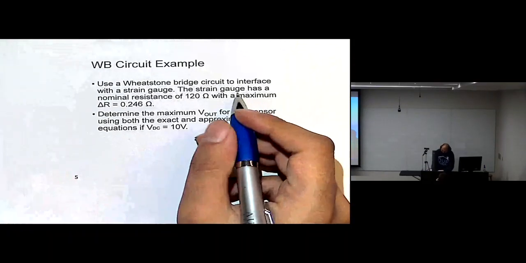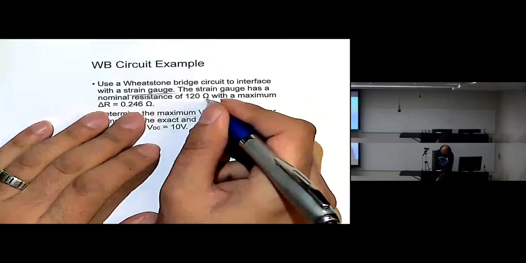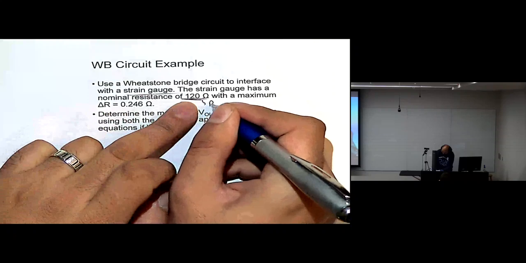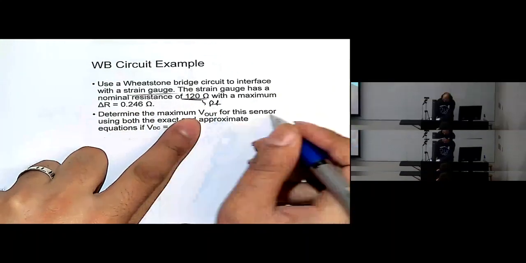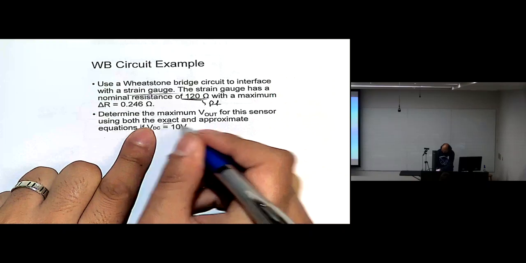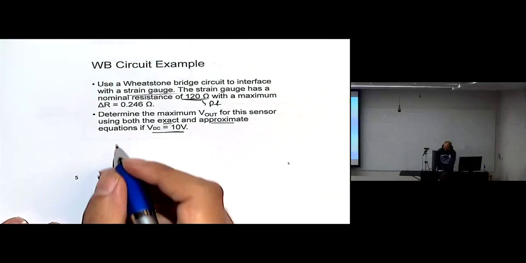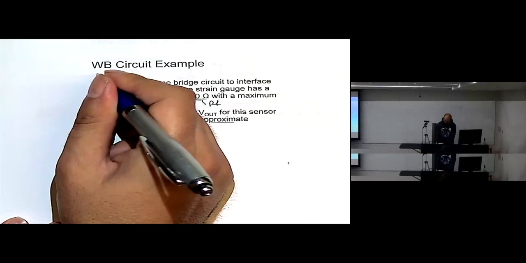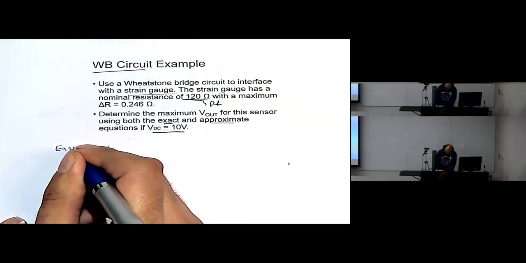A Wheatstone bridge with a strain gauge, and the strain gauge has a nominal resistance of 120, so this is RF, with a maximum delta R. Determine the maximum V out for the sensor, exact and approximated, with VDC equal to 10. So this is the Wheatstone bridge circuit. The first thing, write the formula for exact.